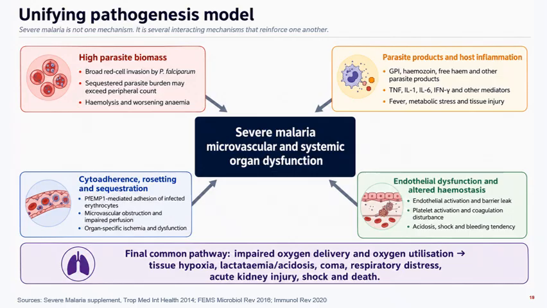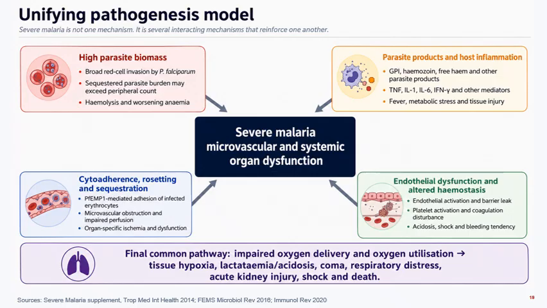This slide is an attempt to present to you a unifying pathogenesis model. This is the central organizing slide that connects all the plausible causes of severe malaria. Please note that severe malaria is not caused by just one isolated mechanism. Four interacting processes reinforce one another.